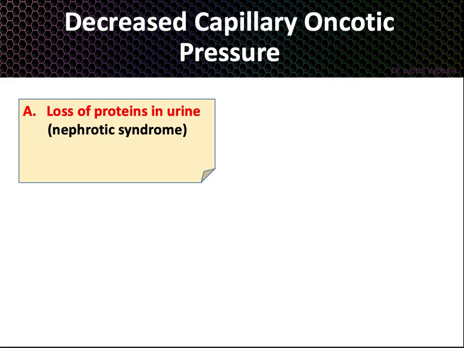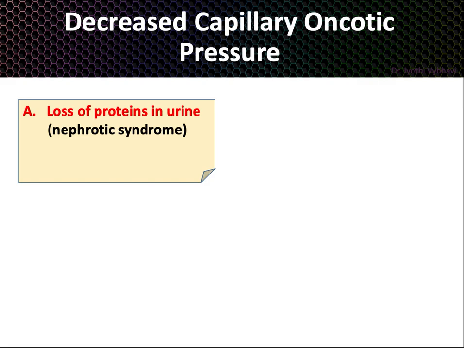So one of the most important causes of decreased protein concentration is loss of proteins in the urine, especially in kidney diseases like nephrotic syndrome. There is loss of proteins because glomeruli are damaged, causing the membranes to become leaky to the plasma proteins, allowing a large quantity of proteins to pass in the urine.